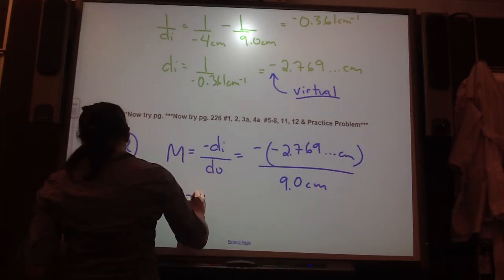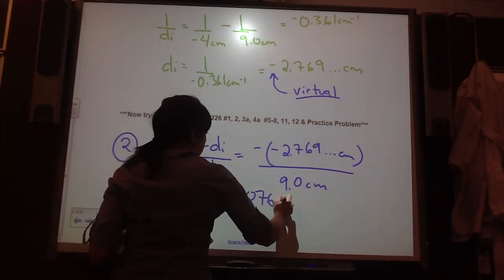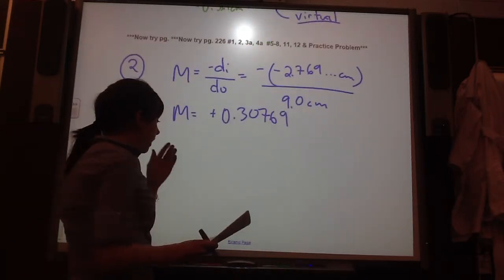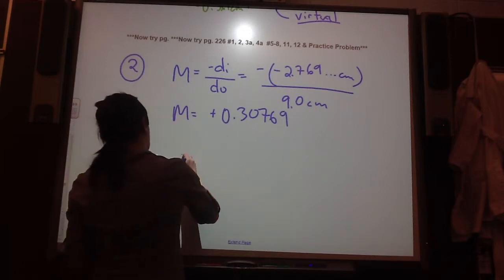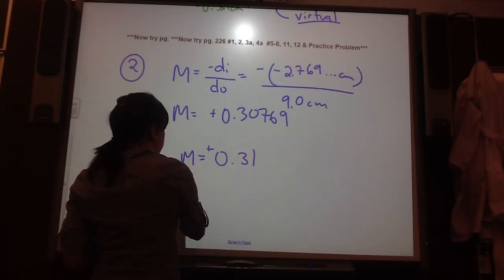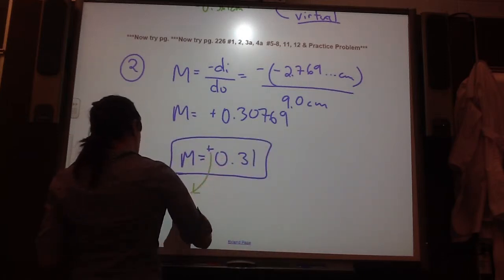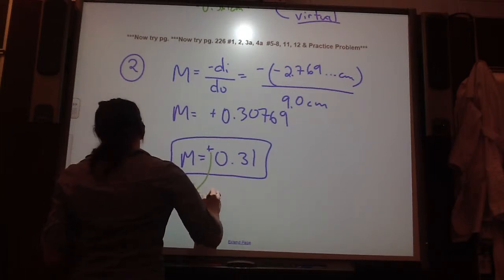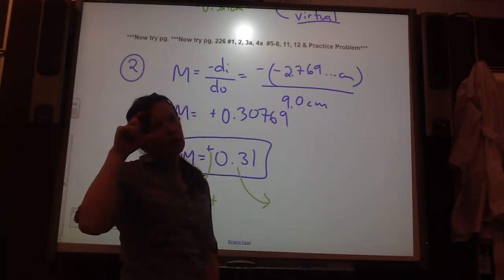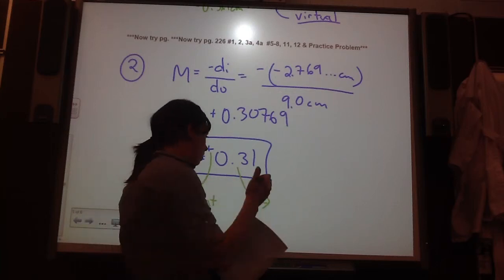So my magnification then is positive 0.30769. No units on magnification. And so I can say my answer is positive 0.31. I'm emphasizing the positive to show that this means it's upright. And since this is less than 1, it means that the image has gotten smaller.